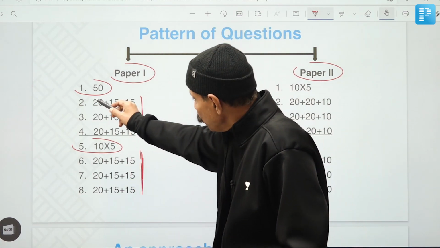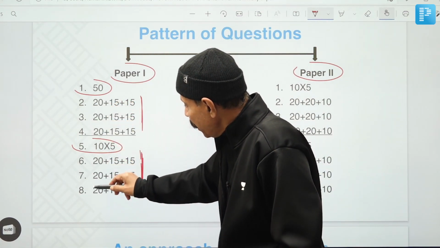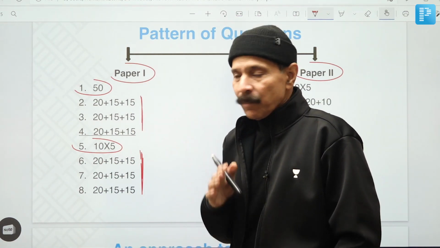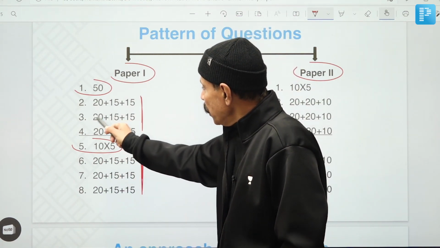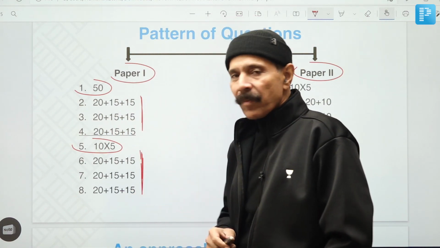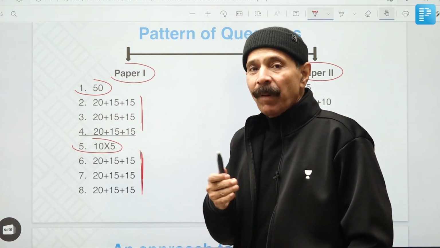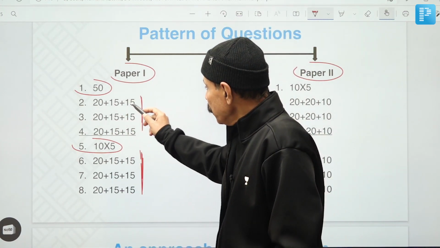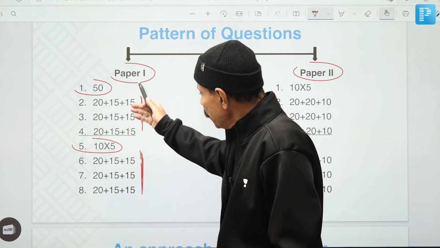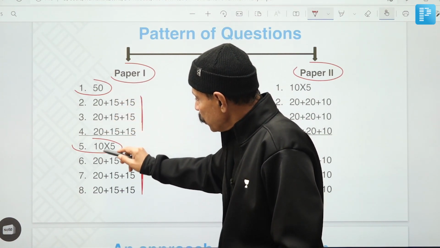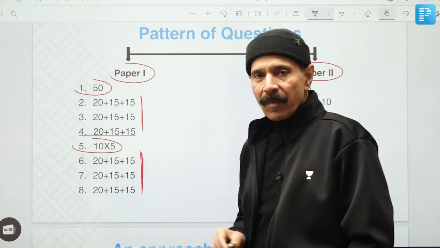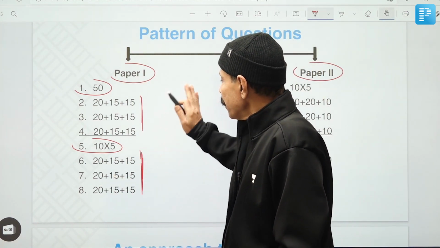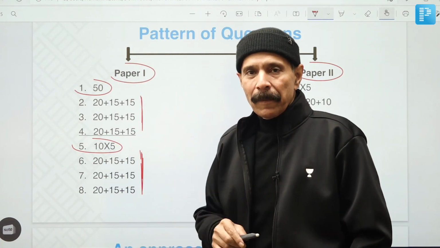So question numbers 2, 3, 4, 6, 7, 8 all have 3 questions, something like 2 A, B, C, 3 A, B, C, and so on. And the pattern of the marks is 20, 15, 15, in each of 2, 3, 4, 6, 7, 8. So this way, the total marks is 250.